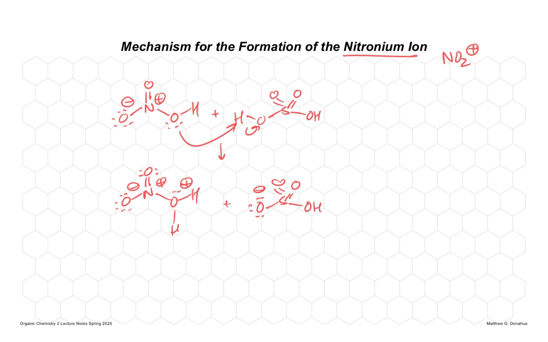How might you think that happened? Just take the water out. So we're going to take a lone pair and eliminate water. So lose water, and we're still balancing that charge with the conjugate base. So that's the nitronium ion.